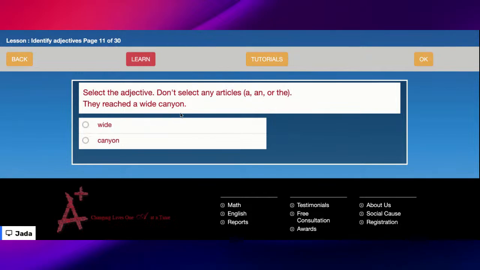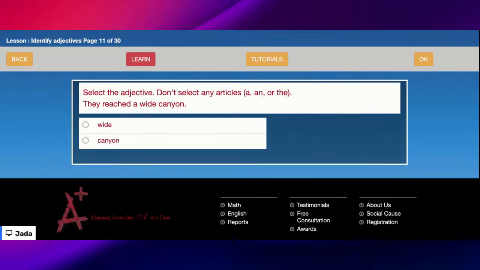They reached a wide canyon. So what's this one? So is it wide or canyon?